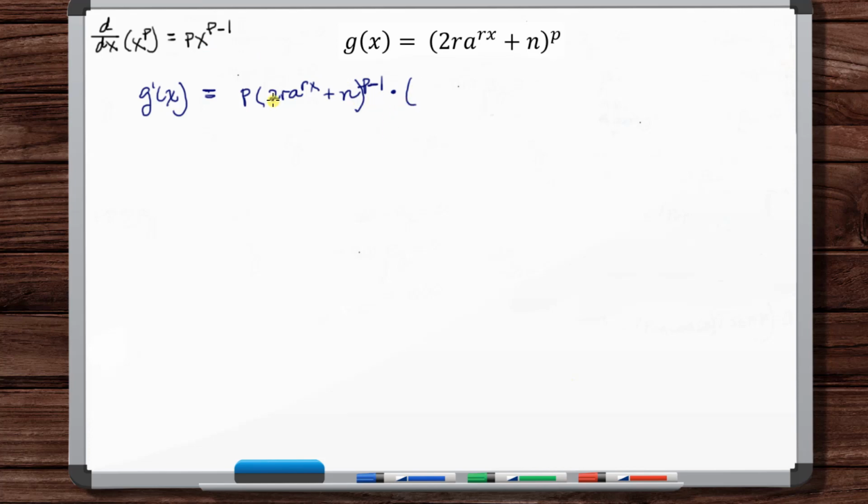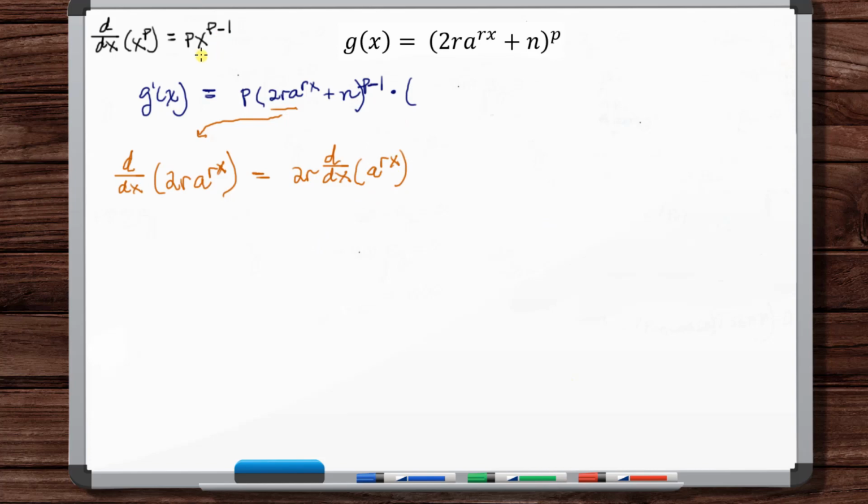Okay, so what is the derivative of 2r a to the rx with respect to x? Well, we could do that on the side here. dx of 2r a to the rx is equal to, so the two r's are constant, so this can be rewritten as, now we've got a to the rx.